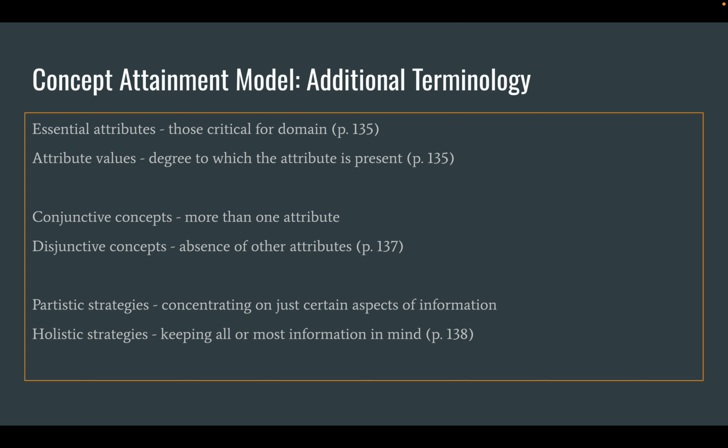There are also exemplars that might contain more than one attribute, and so students would perhaps alter their categorization or their concepts based on that, as well as perhaps making concepts based on the absence of a particular attribute, which would be the disjunctive concept.